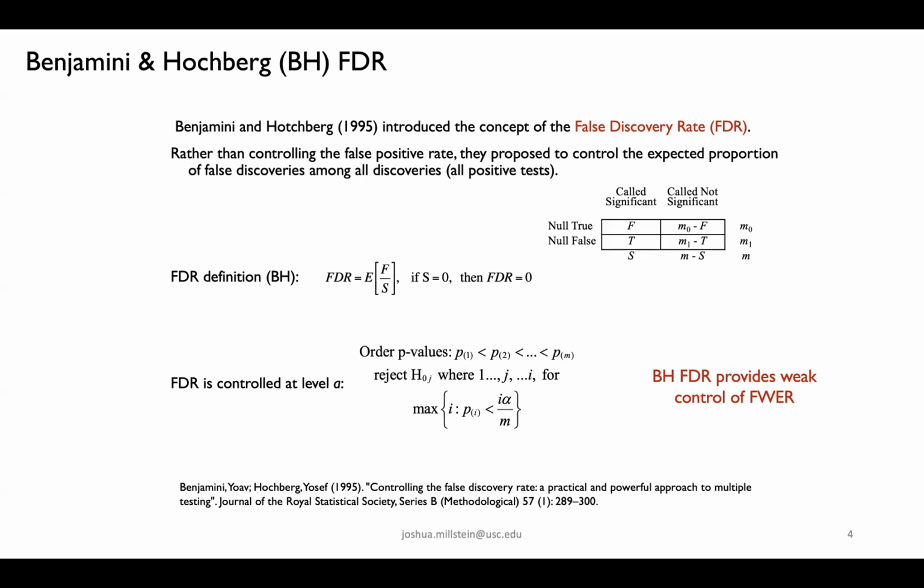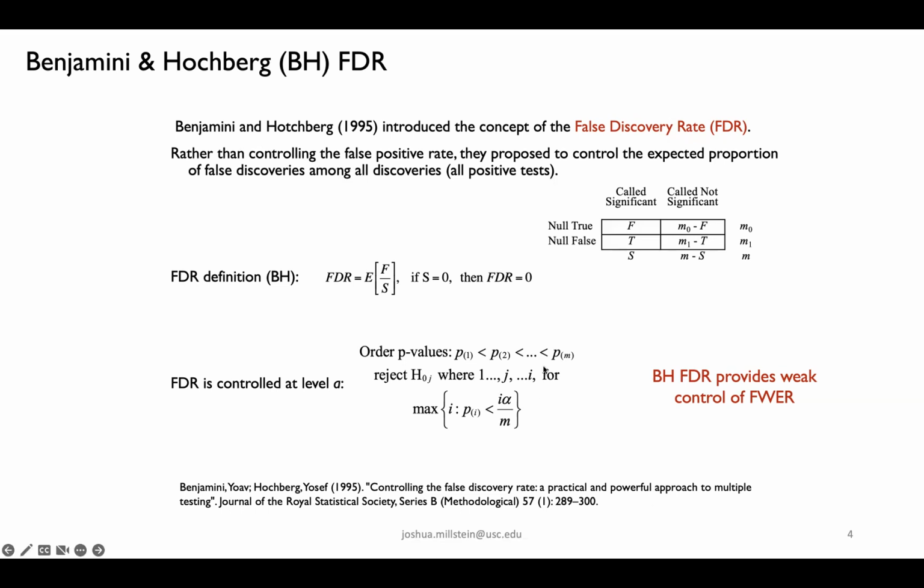So F and T sum to S, and the classic FDR is the expected value of this proportion F over S, given that S is greater than 0, because of course the proportion is not defined if S is 0. To get around this problem, we just define this value to be 0 if S is 0. That's how the original FDR is constructed.